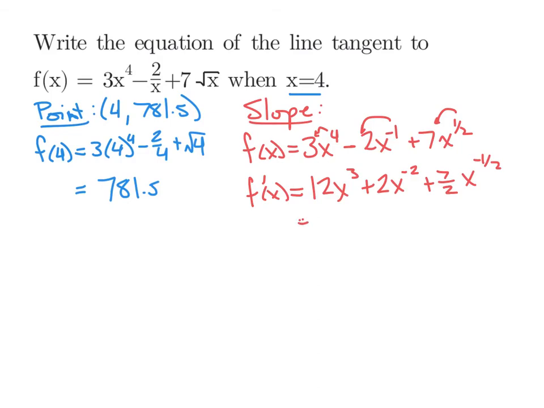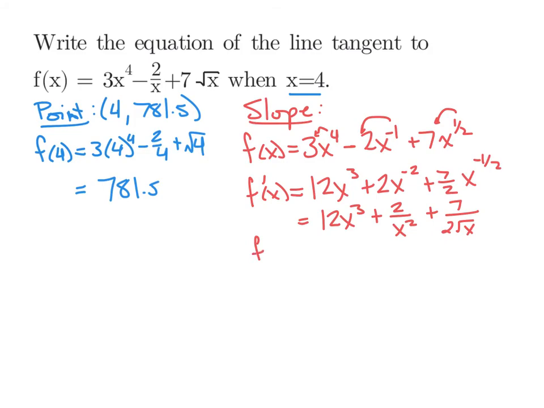It might be helpful to rewrite: 2 times x to the negative second power is 2 over x squared, and 7 halves times x to the negative 1/2 is 7 over 2 square root of x.